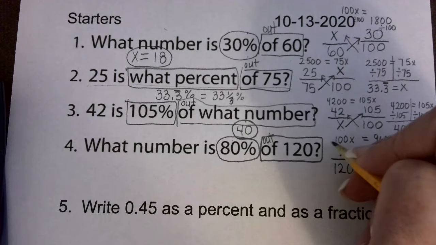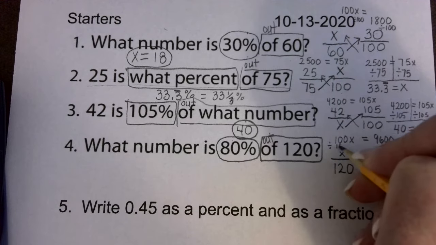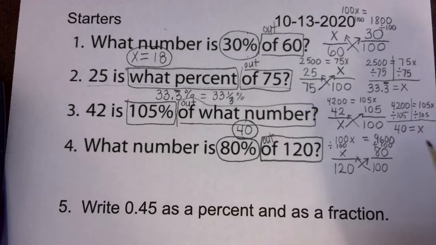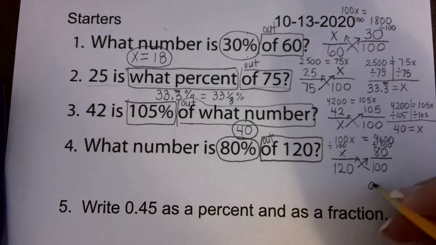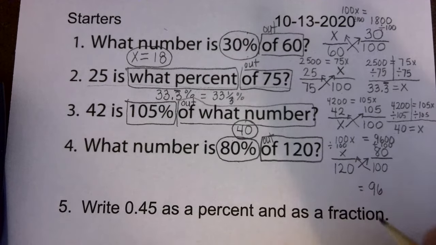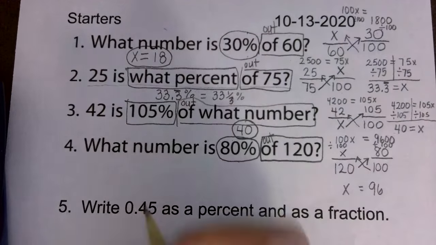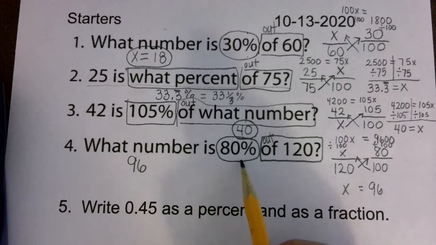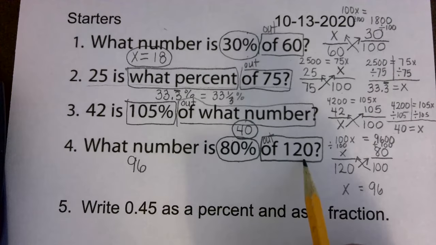If you don't know that, we're just dividing by 100 on both sides. And 9,600 divided by 100 is 96, and then 100 divided by 100 is just 1x. So 96 is 80% of 120.